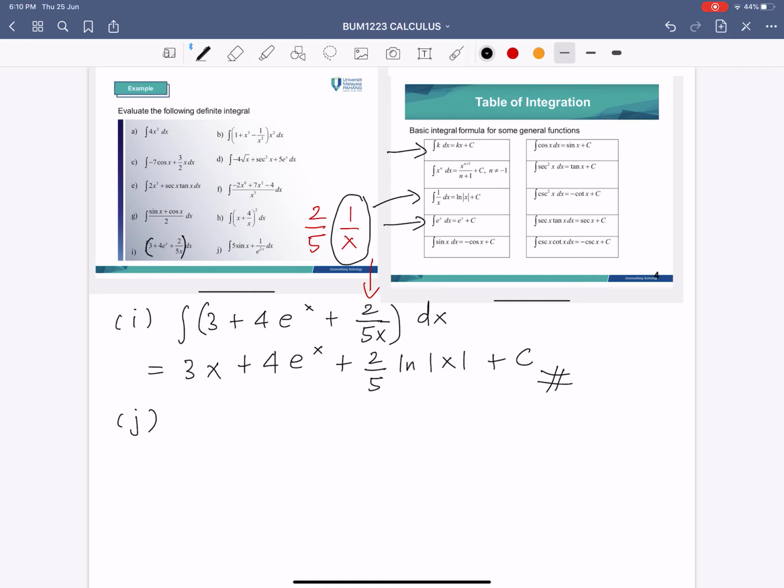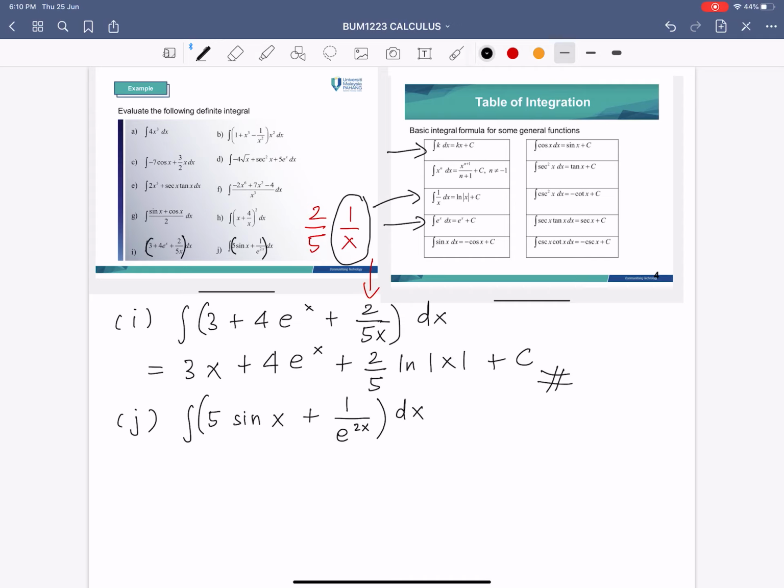For question J, we have the integration of 5 sine x plus 1 over e power of 2x, dx. We need to put brackets here because we have a plus there.